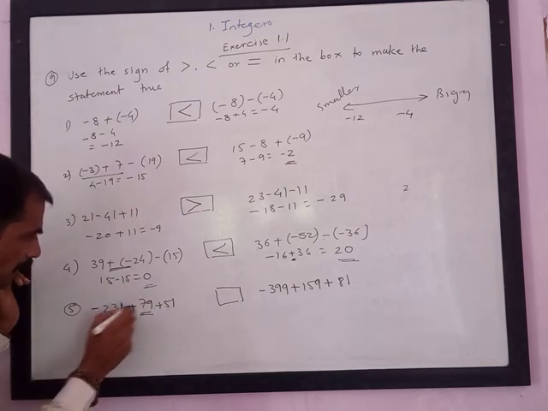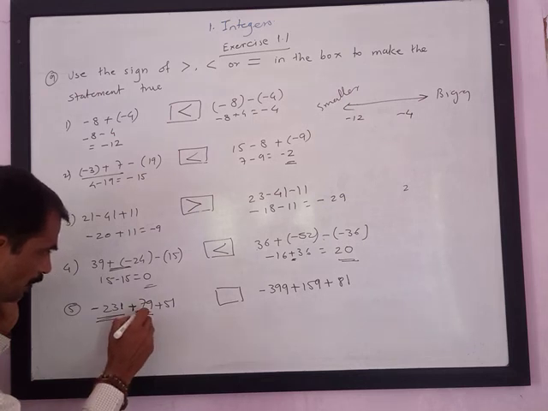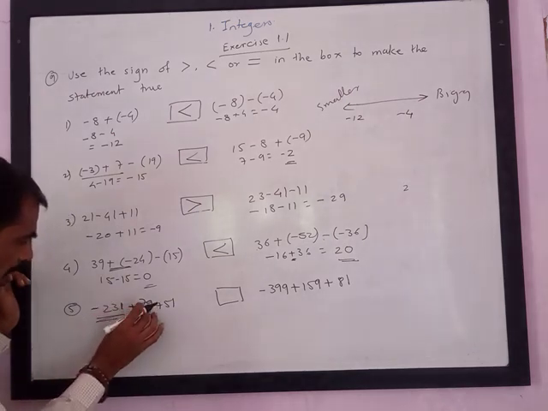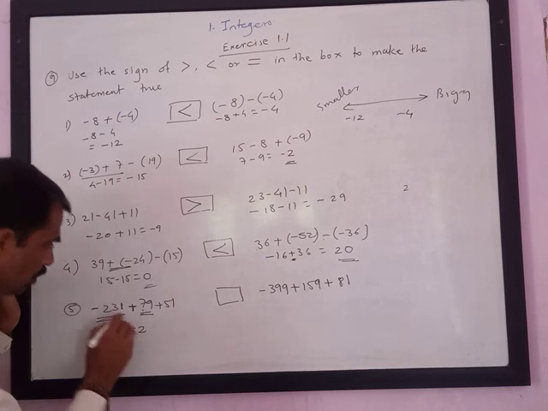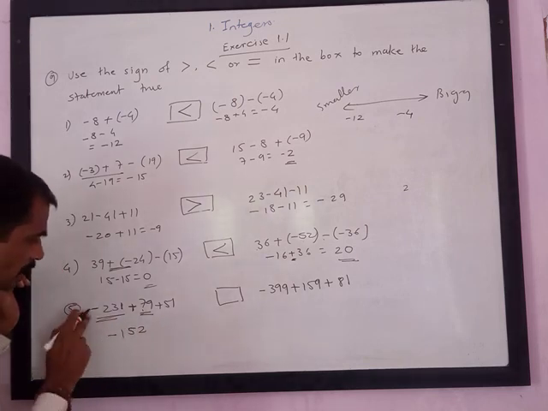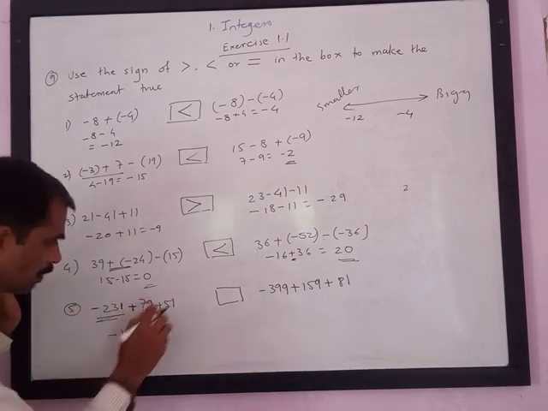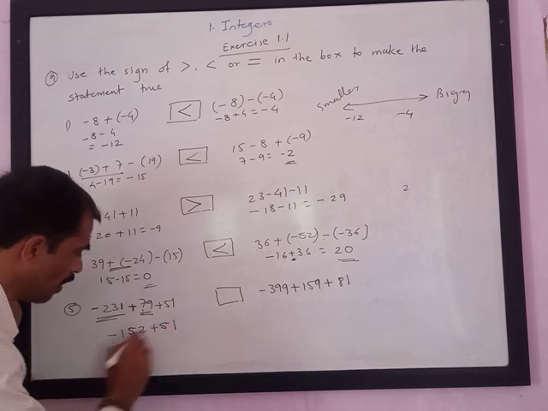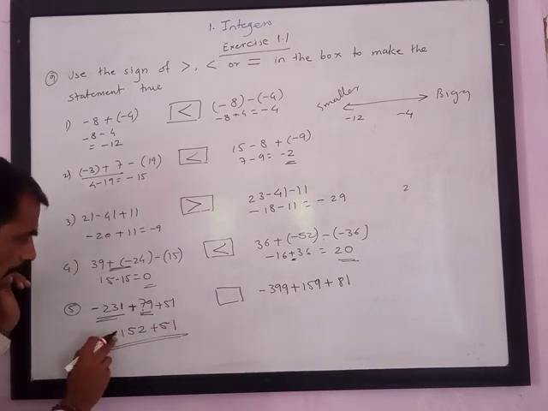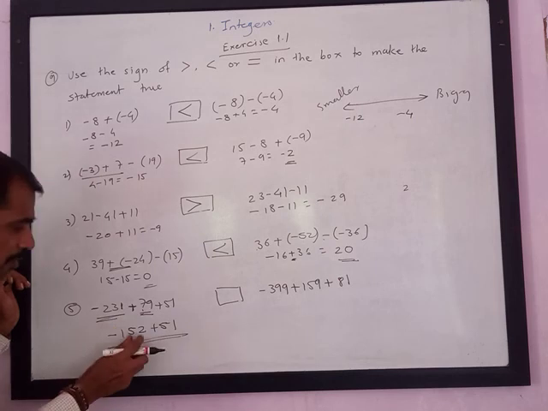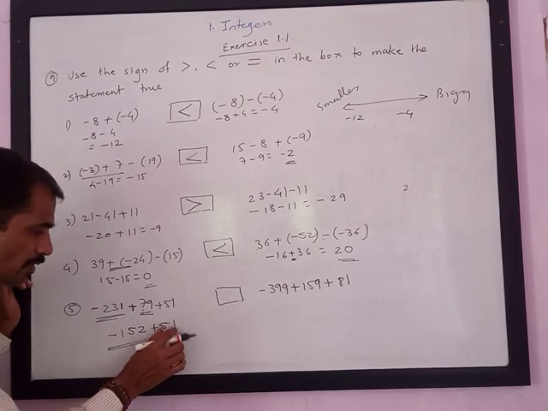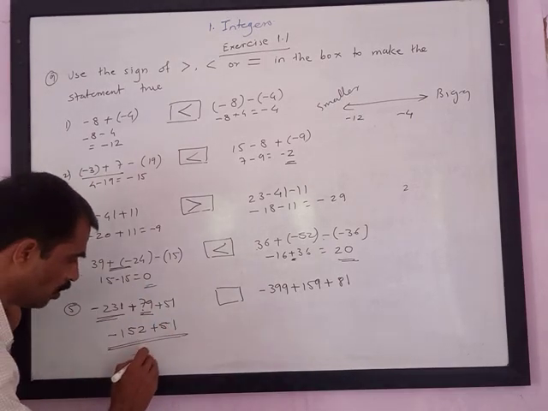So 11 minus 9 is 2, 1 carries, then 23 minus 8 is 15. Give the sign of bigger magnitude integer, that is equal to negative sign, 152. Now again they are having opposite signs, so we have to do the subtraction: 52 minus 51 is 1. It means it is negative 101.